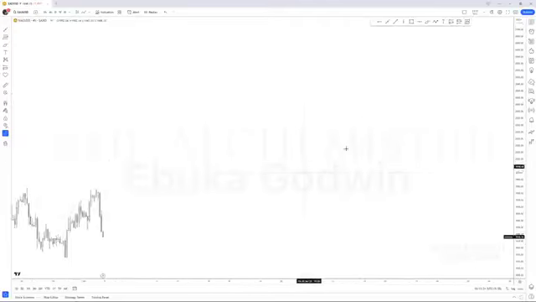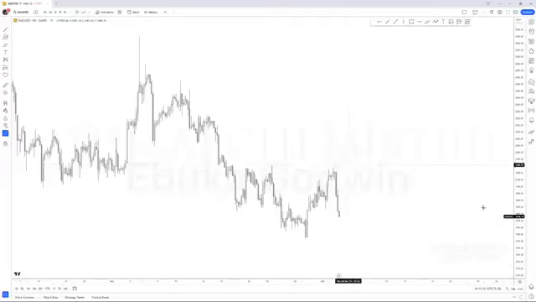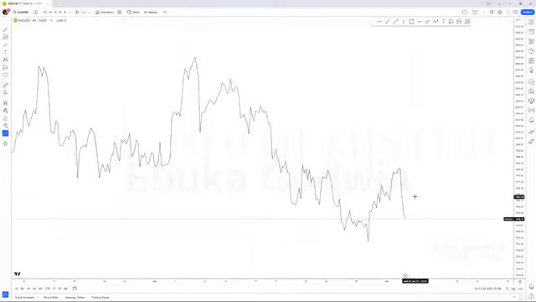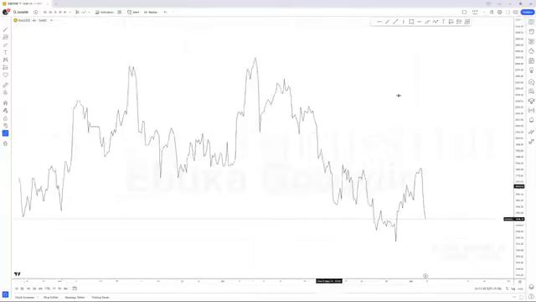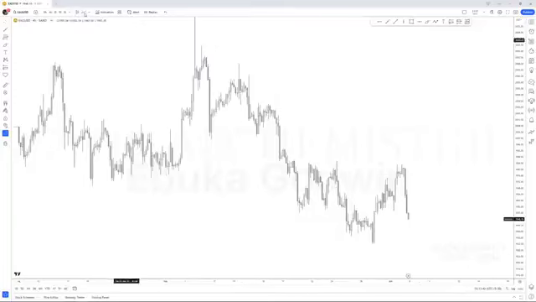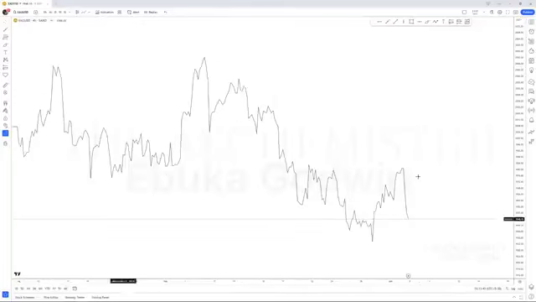Another thing to point out is that remember, we will be using the line chart a lot. We will go through candlesticks as well, but mainly we'll be using the line chart.